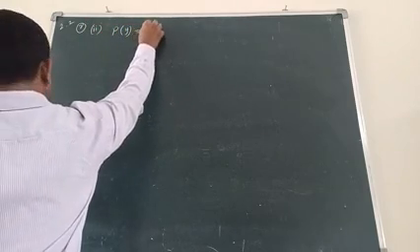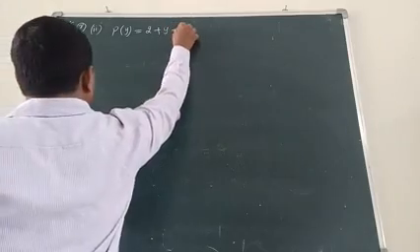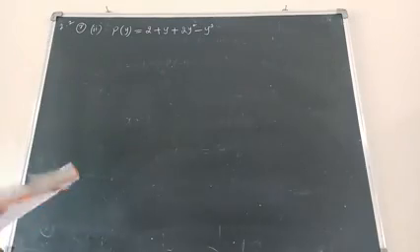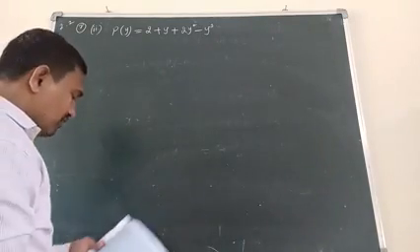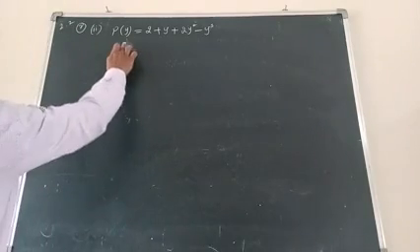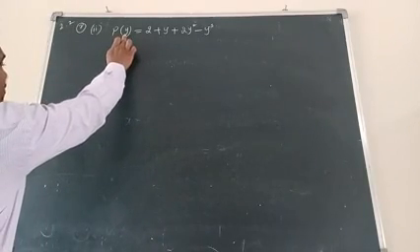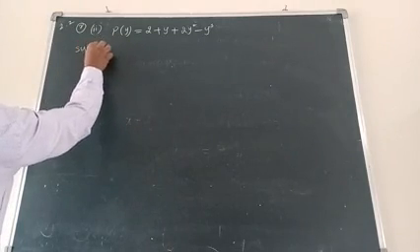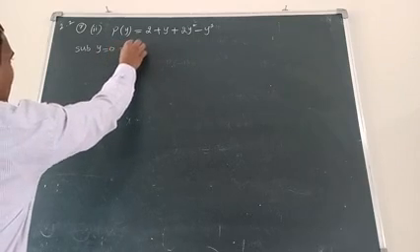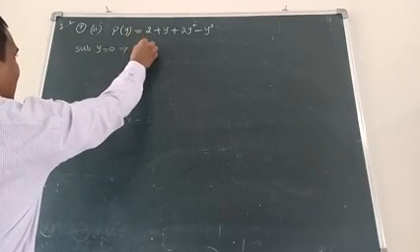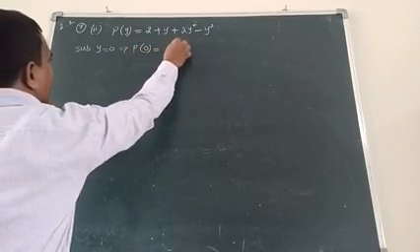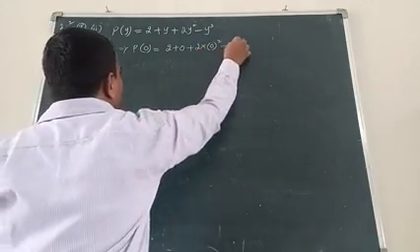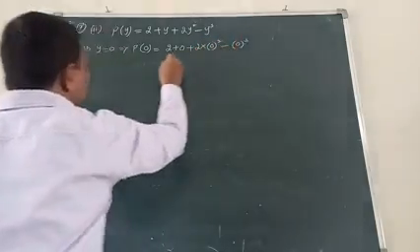P of y equal to 2 plus 2y square minus y cube. Okay? So find P of 0. How can you get P of 0? In P of y, write y value 0. So substitute y equal to 0. You can get P of 0.